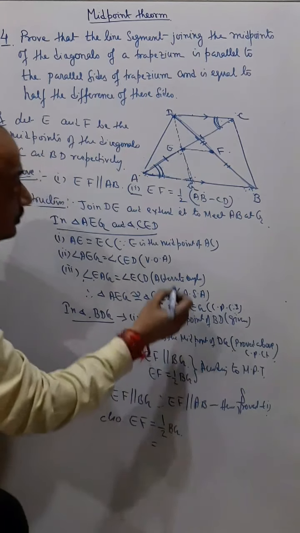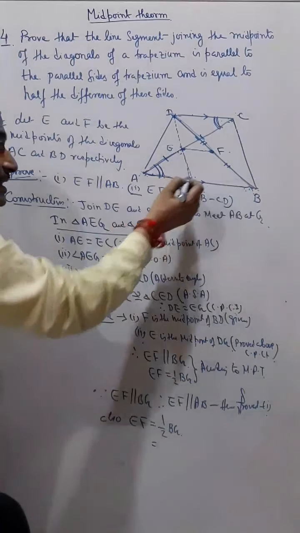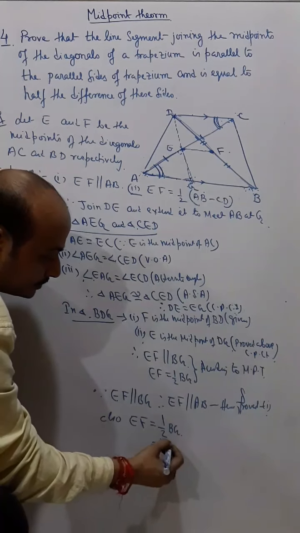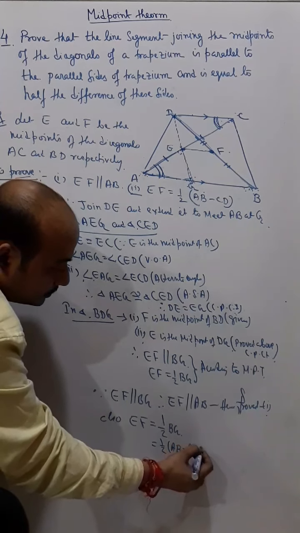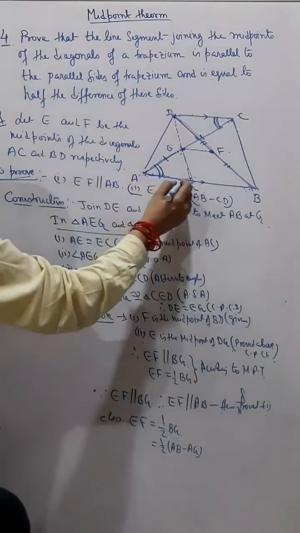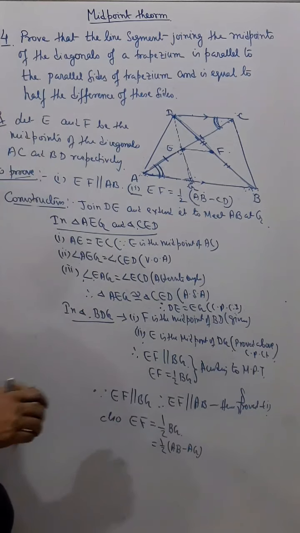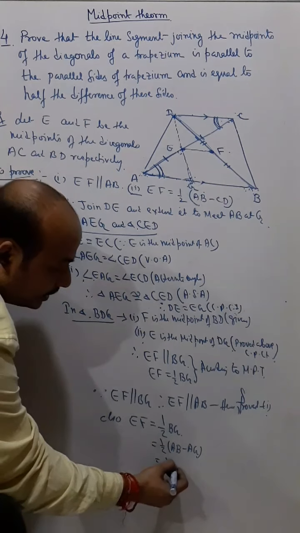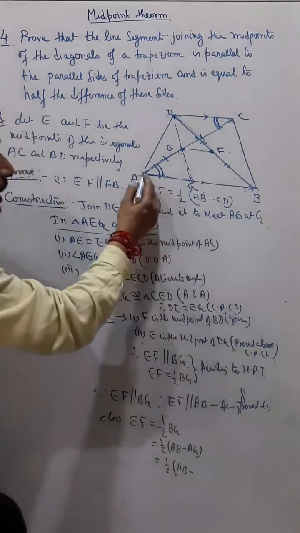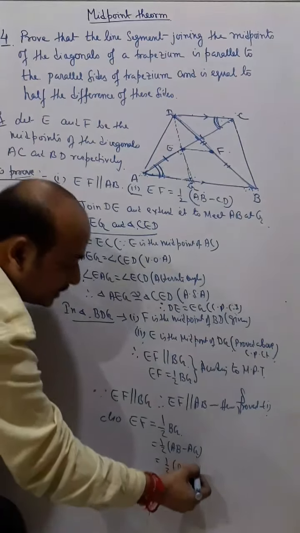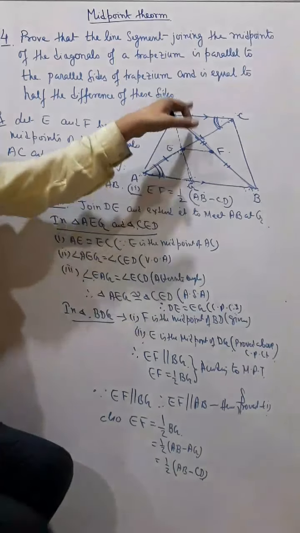Now this BG actually means AB minus AG. So in place of BG I can write half of AB minus AG. Now in place of AG I can write CD, because we have already proved these two triangles congruent.